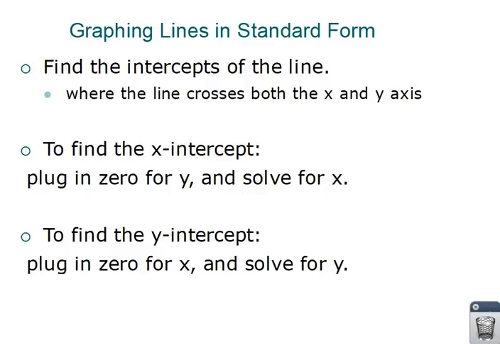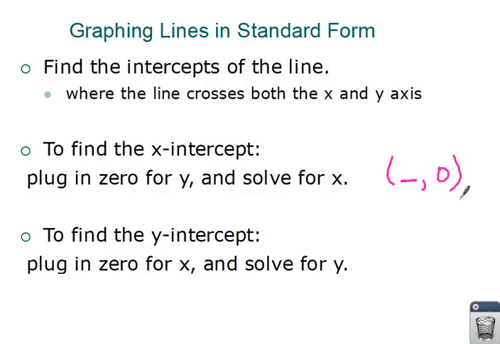All right, to graph in standard form, probably the easiest way to do it, besides getting it in slope-intercept form, is to find the intercepts of the line. And you guys should know that from last year because she taught you that the intercepts is where the line crosses the x and the y axis. Okay, so to find the x-intercept, you plug in 0 for y and solve for x. So you'll have a point that's some number, 0.